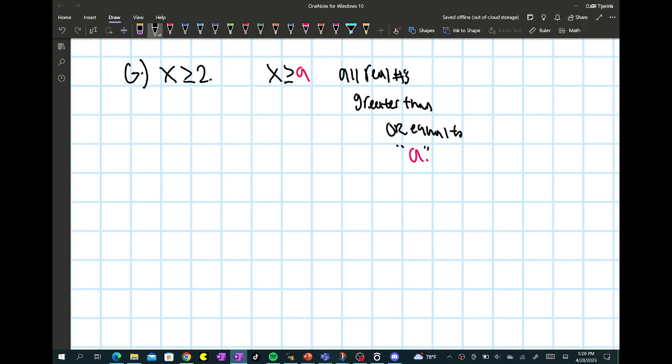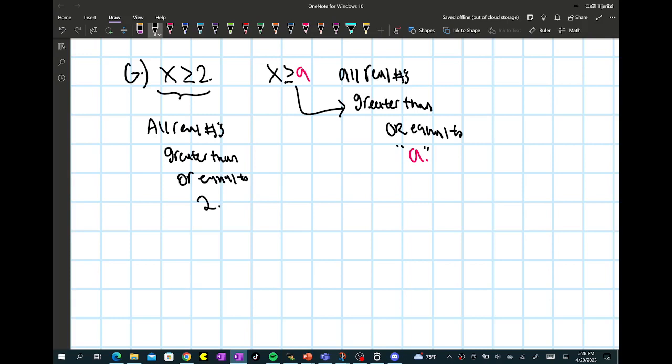So that's what this implies. So this one tells me I want all real numbers greater than or equal to 2, right?